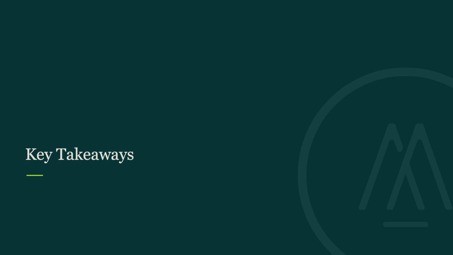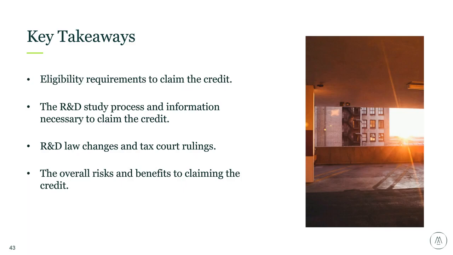We've gone over the eligibility requirements, basically how you meet that 4-part test, being able to document the uncertainty you faced, what didn't you know that you had to figure out in order to successfully complete the project, the process of experimentation. So how did you figure it out?